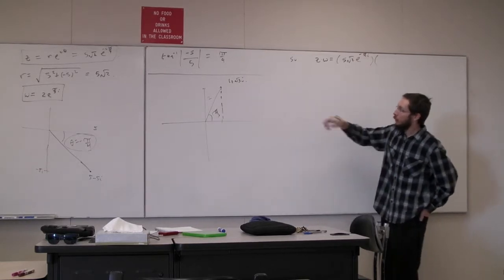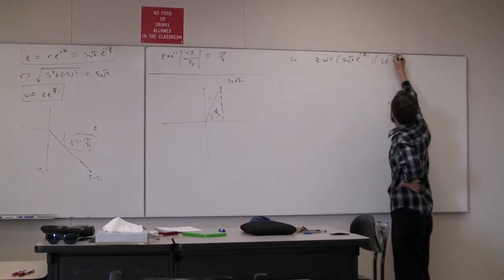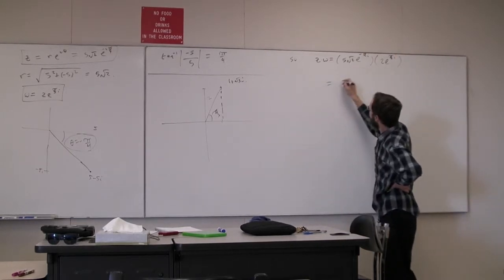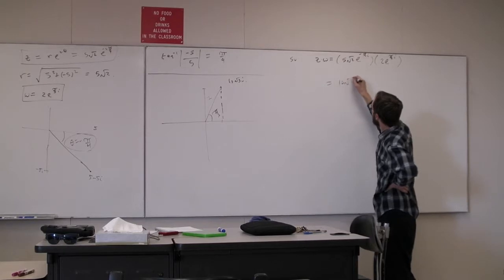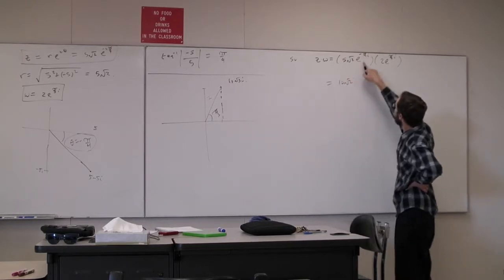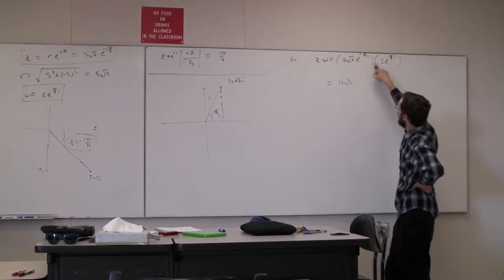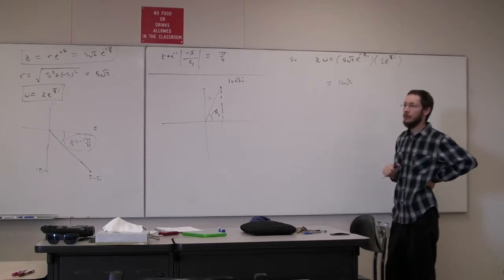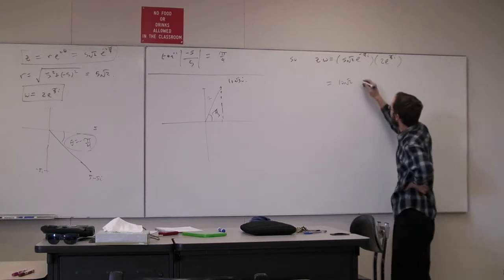And polar form for w, 2 e to the pi over 3i. And so multiplying the radii gives us 10 square root of 2. Adding the angles gives us e to the, let's see, pi over 3 minus pi over 4, because that's going to be pi over 12.